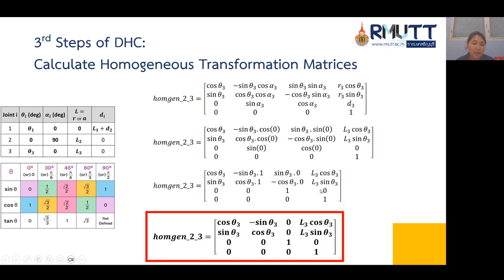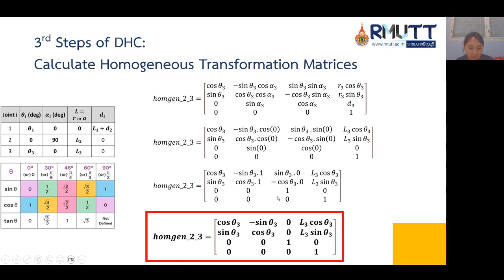Then after that, for joint 3, the homogeneous transformation matrix from frame 2 to 3, the step is the same. Change the values of theta 3, alpha 3, R3, and D3.